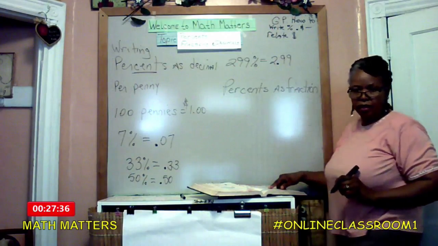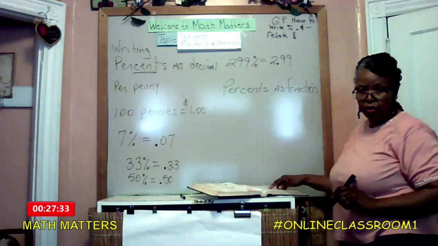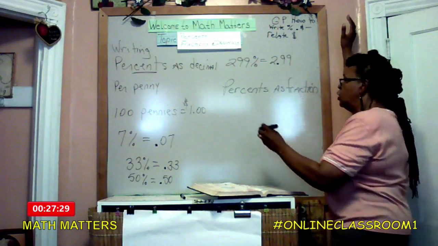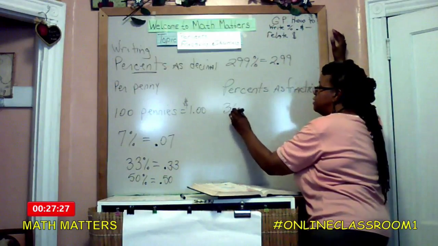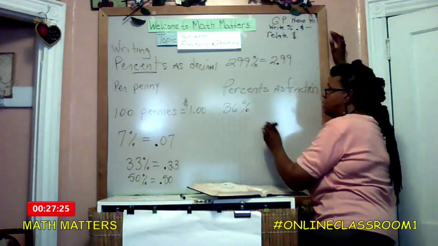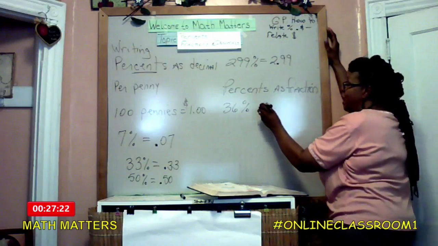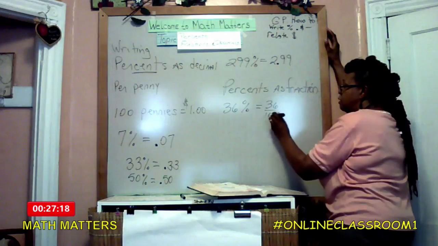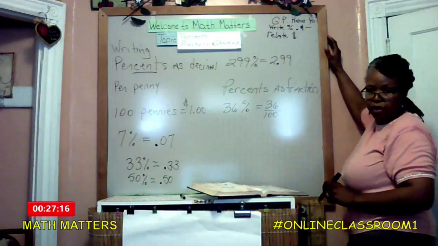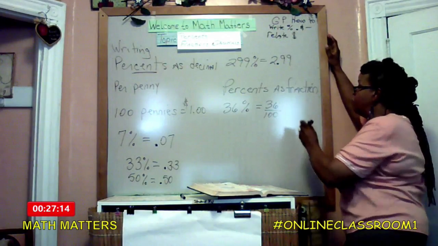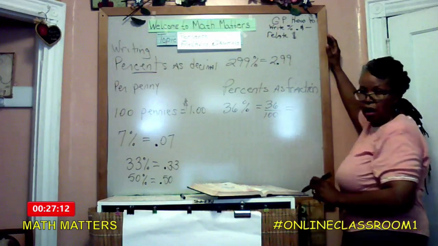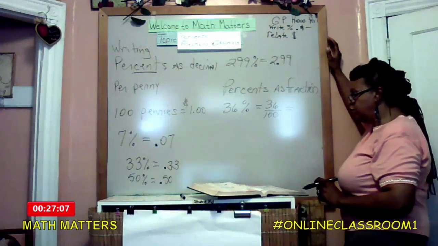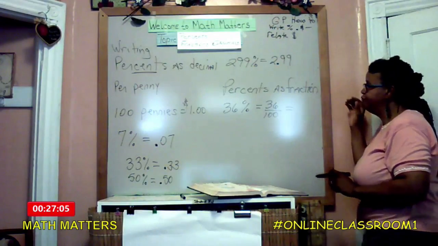The only thing about that is that you have to reduce it after you do it. So 36% is the same as 36 out of 100. Now all you have to do is reduce it, and you will have your percent as a fraction. So we will reduce it, let's see.